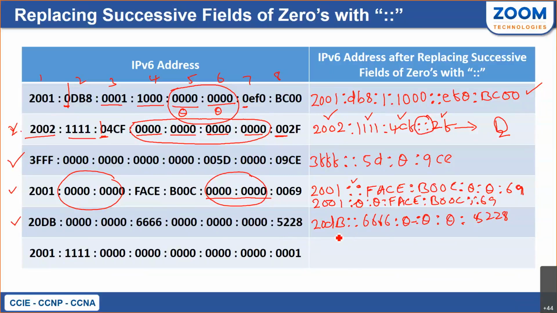Yes, it is right. 20DB colon 0 colon 0 colon 666 double colon 5228. First one, second one, which is valid?